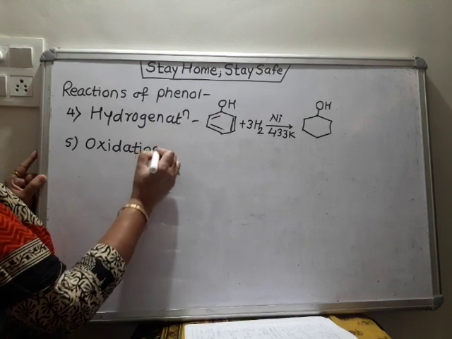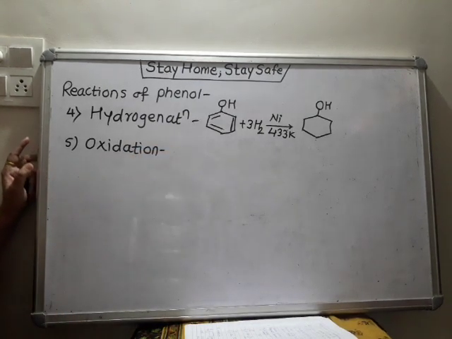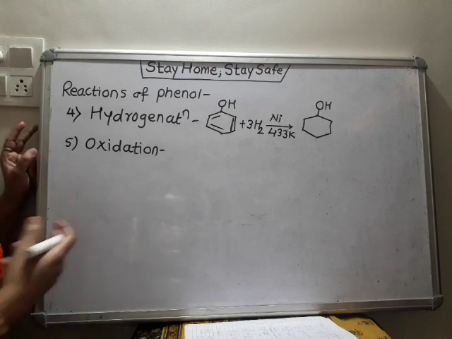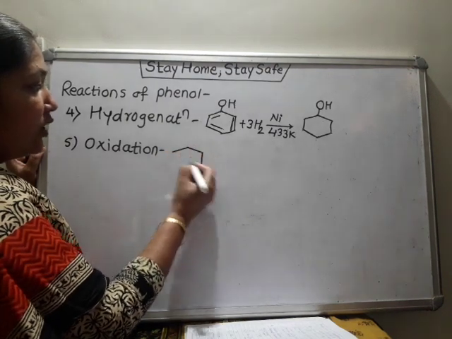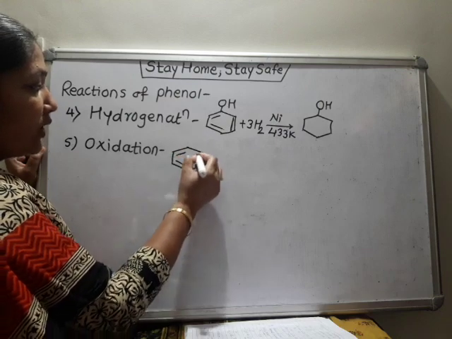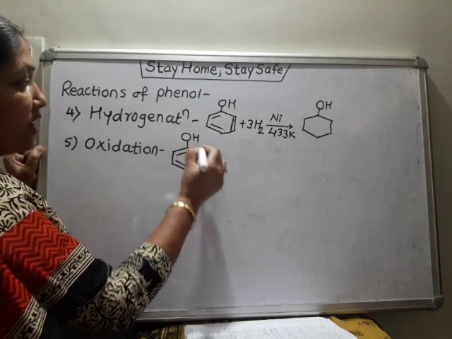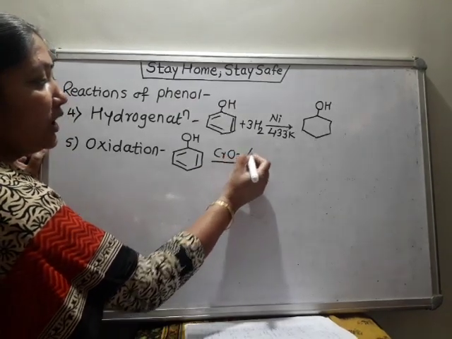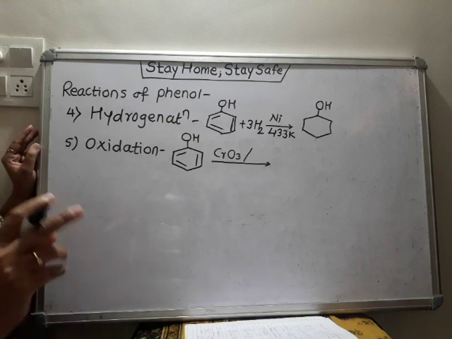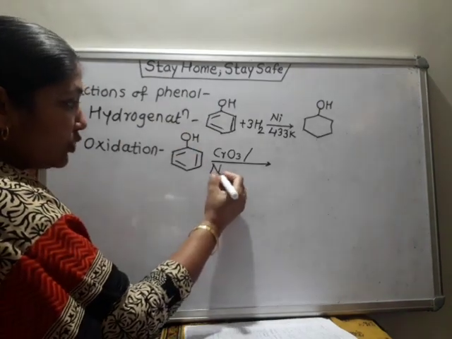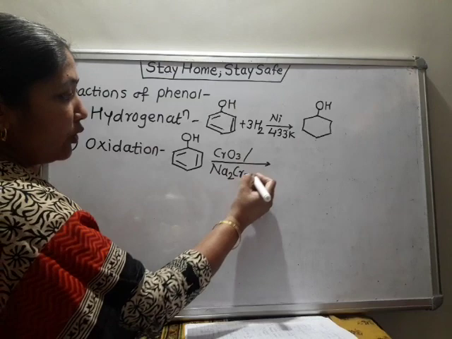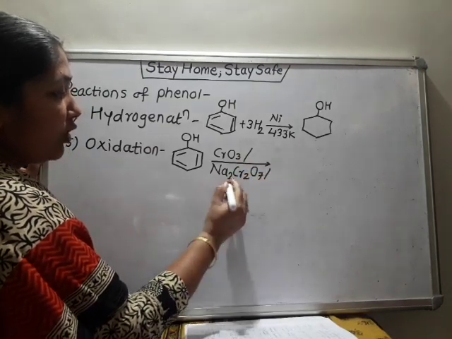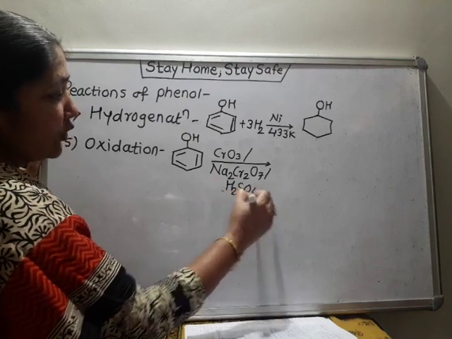Next reaction is oxidation. Oxidation, addition of oxygen or reaction with suitable oxidizing agent. So this phenol reacts with oxidizing agent. Oxidizing agent used here is CrO3, chromic anhydride, or we can use sodium dichromate, Na2Cr2O7 in presence of H2SO4, dilute H2SO4 actually.